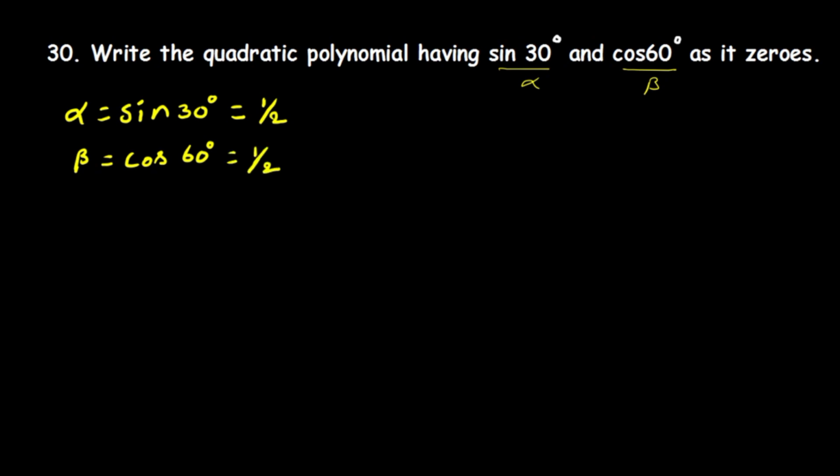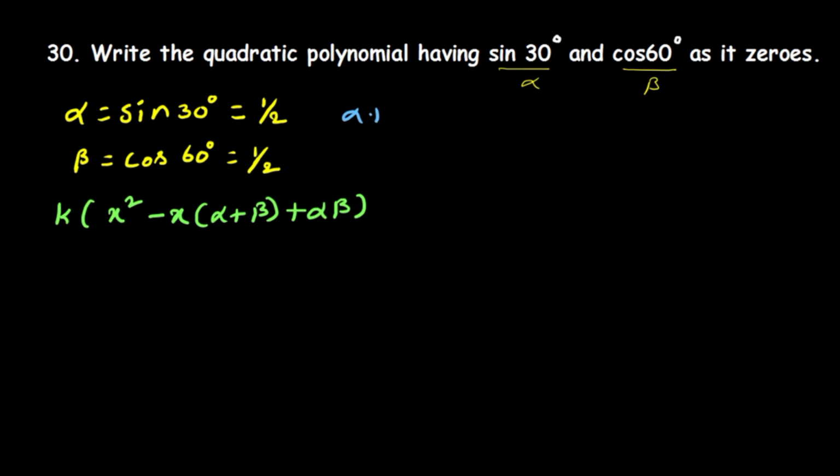Now what is the quadratic formula? That is k into x square minus x into alpha plus beta plus alpha beta, right? So what we need for this? Alpha plus beta. So now I'm going to take here alpha plus beta.